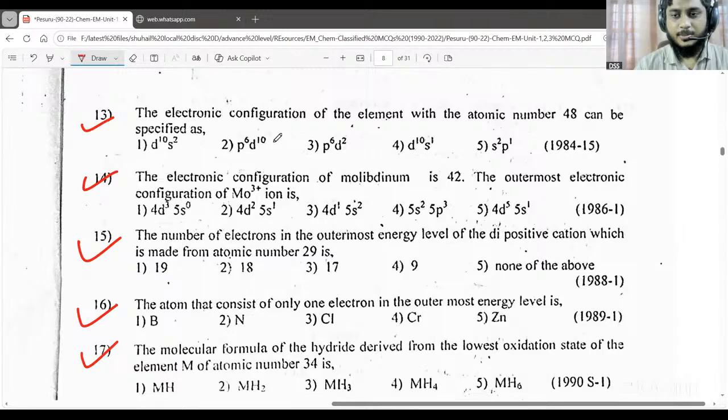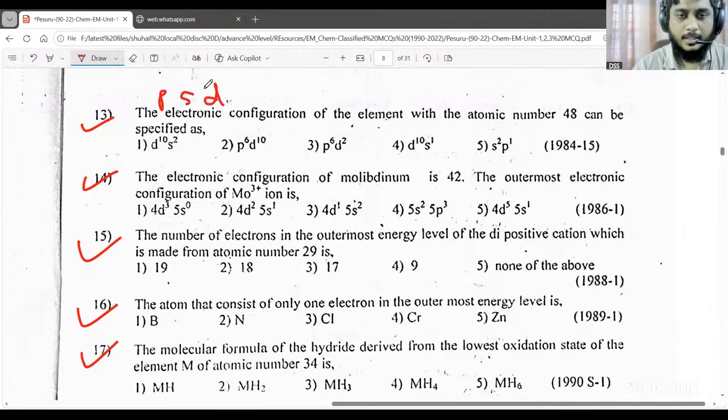Which one do we have to select? With D10 S2, after S2 is filled only then D10 will fill. And if P fills, after P only S will fill, and after S only D will fill.